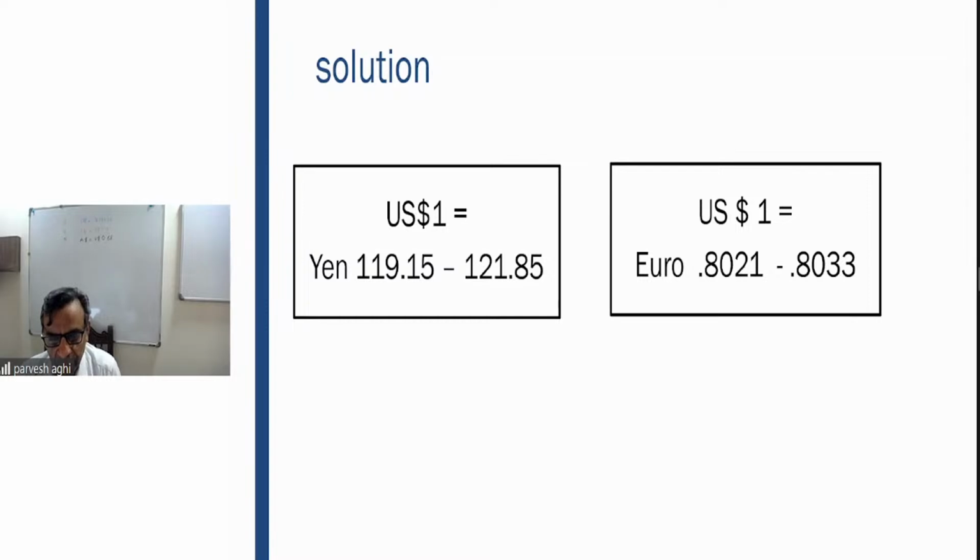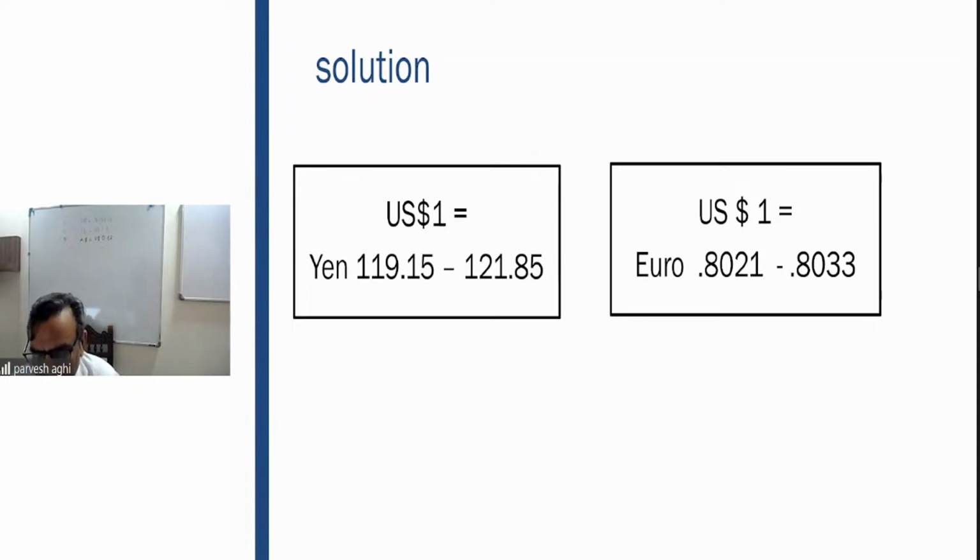We need to convert the second quote into American, because the first quote is in order: we want the rate of the dollar and euro in terms of yen. First you're going to buy a dollar, so that quote is given to you. The first quote is absolutely okay because you are going to buy a US dollar in Japan.